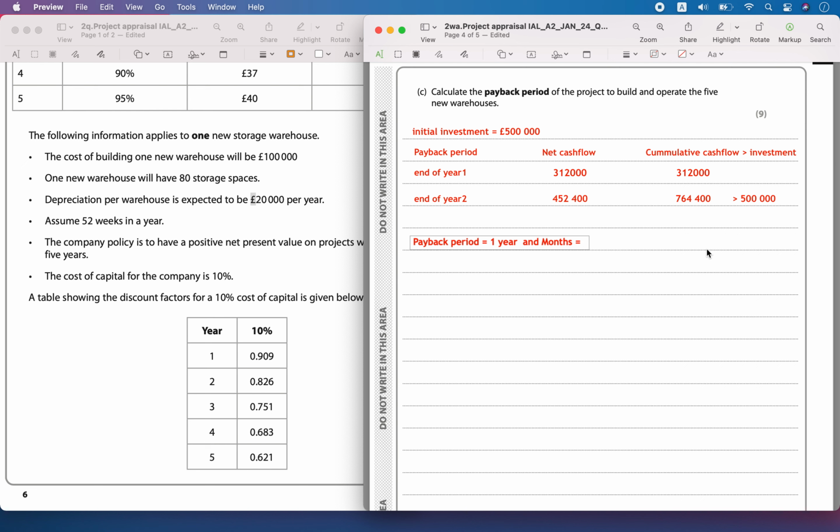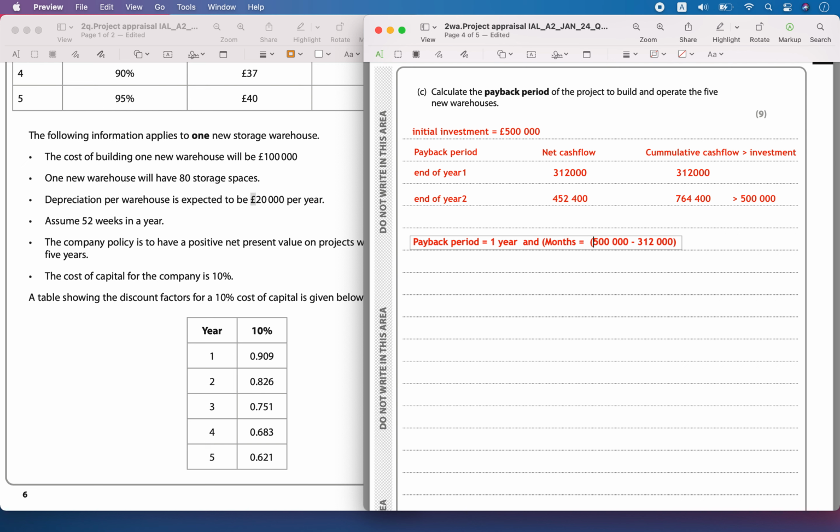I have 312,000, so the remaining from 500,000 minus 312,000 is 188,000 in that second year.